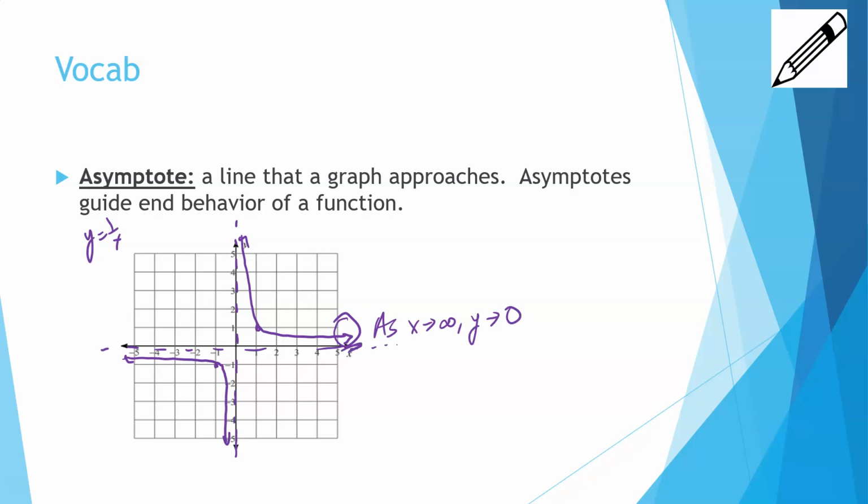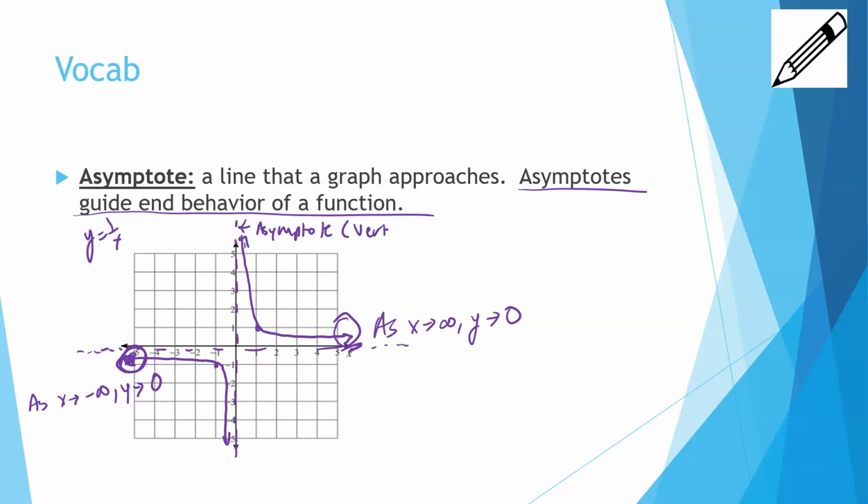Okay, it approaches that dotted line. We didn't do this one, but as x approaches negative infinity, now I'd be looking at this arrow, far left side, and we can see that that is also approaching that line at 0. So that's this piece right here, that asymptotes guide end behavior of a function. Okay, but this right here is an asymptote.